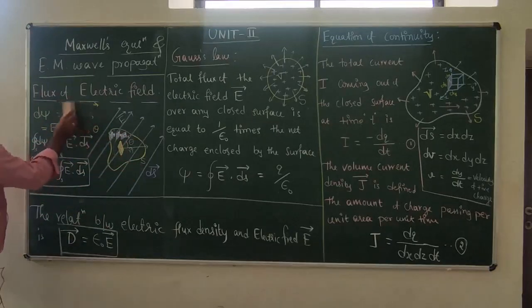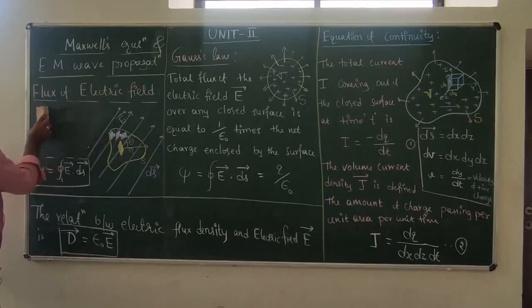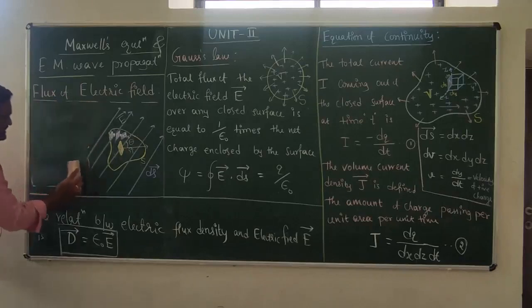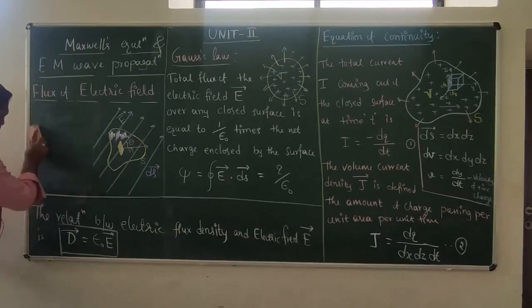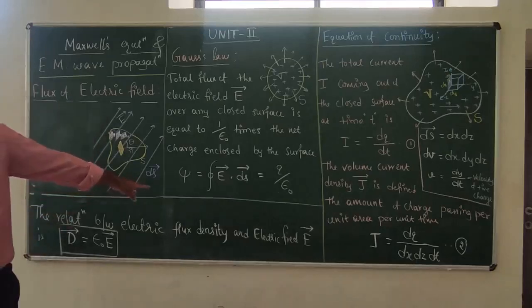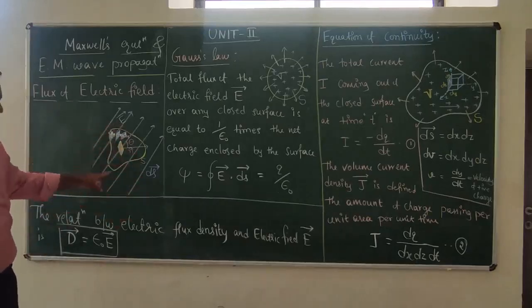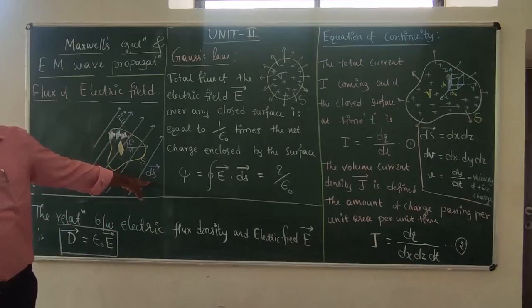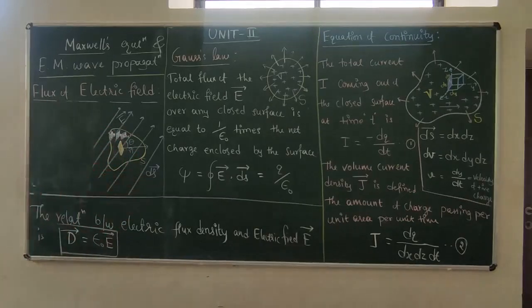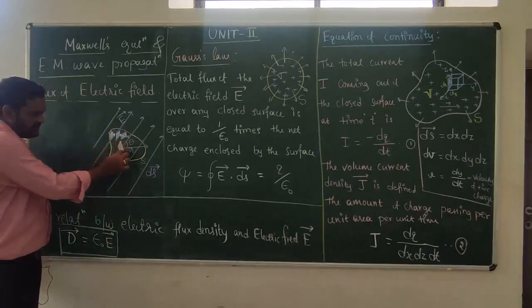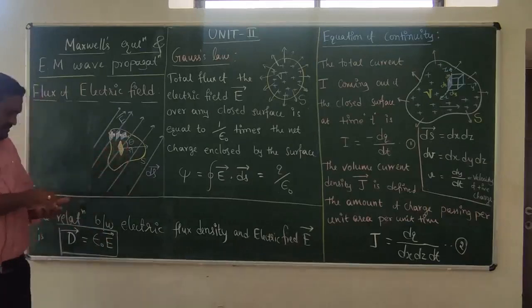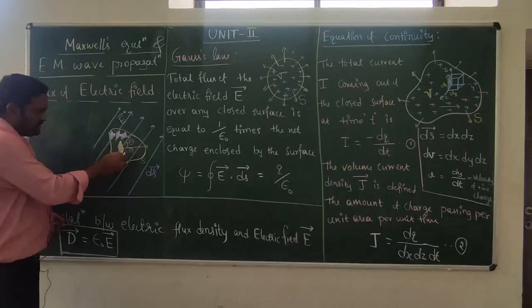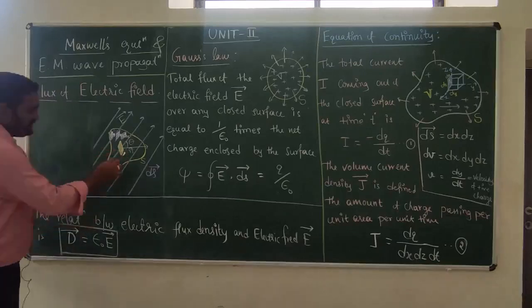Or else, using surface integration we can easily calculate the total flux through the entire surface of area S. For that, first we need to consider a reference surface, here a reference surface of area ds.